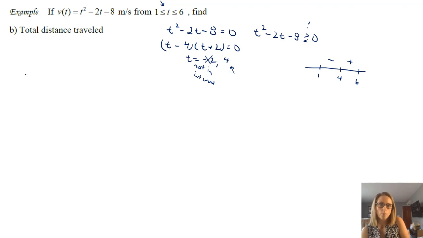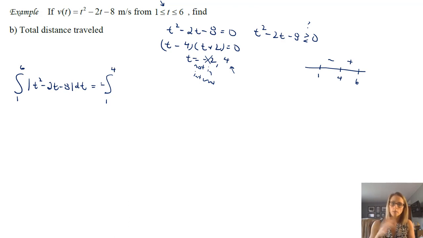So when we then think about from 1 to 6 doing this absolute value of t squared minus 2t minus 8 dt, what you want to understand is that from 1 to 4, you're going to have a negative area, but for total distance, we want the positive value.